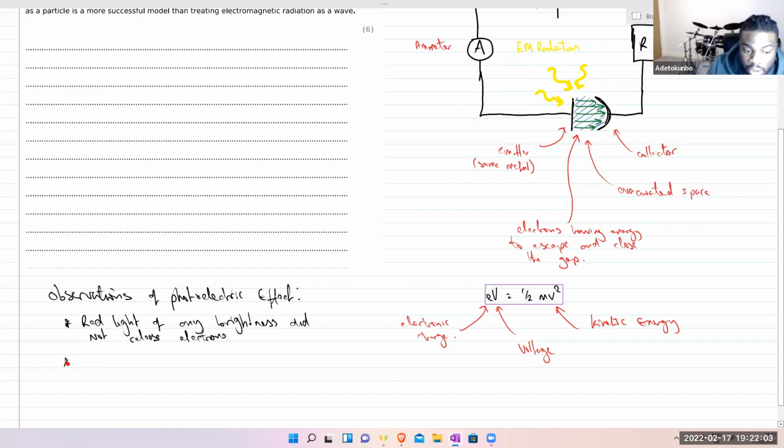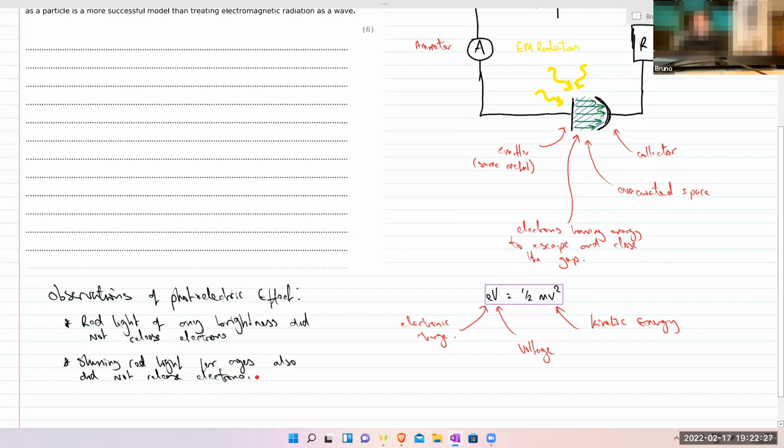The second observation was that shining red light for ages also did not release electrons. What do you think that means?